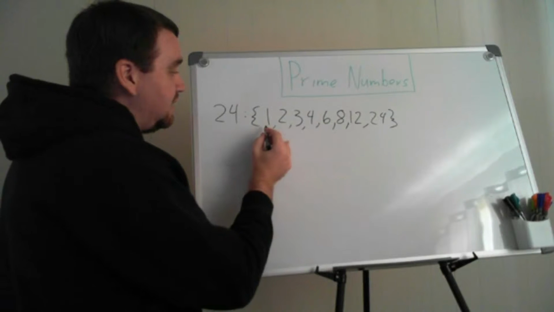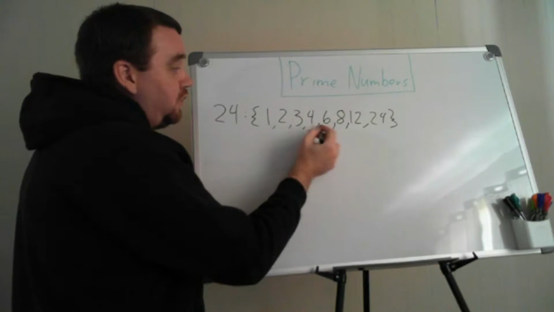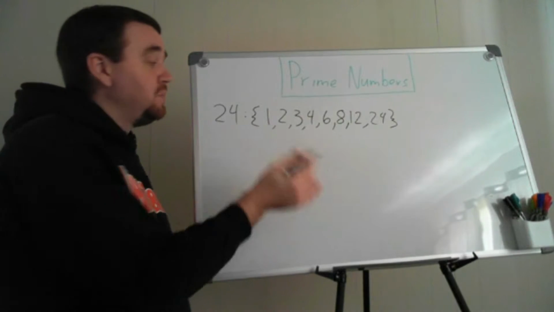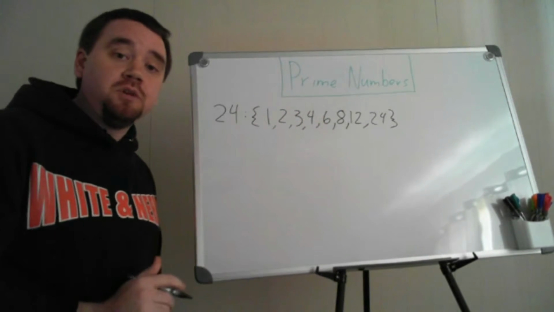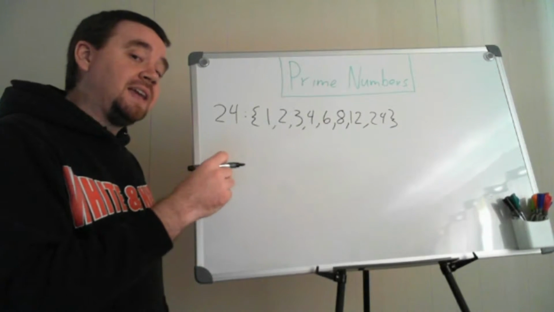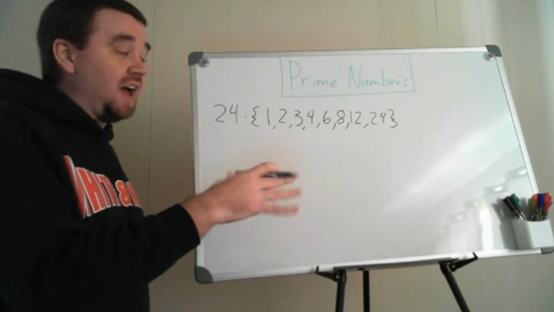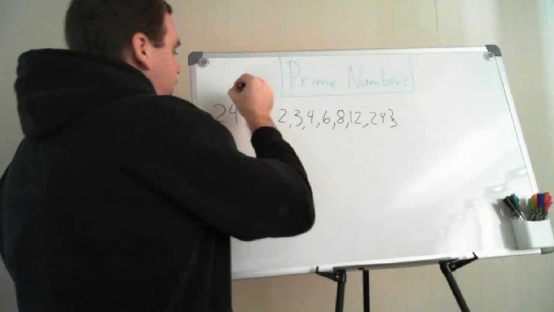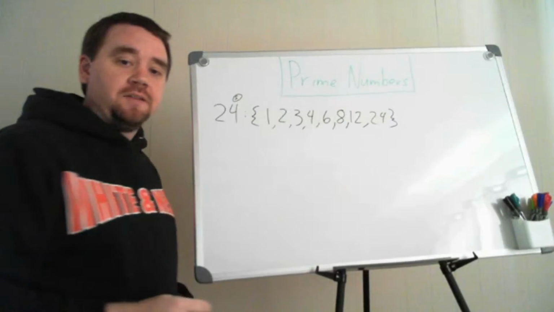I only needed to test these first five numbers, because we tested 5 to see. So with 24, my key number was 5.